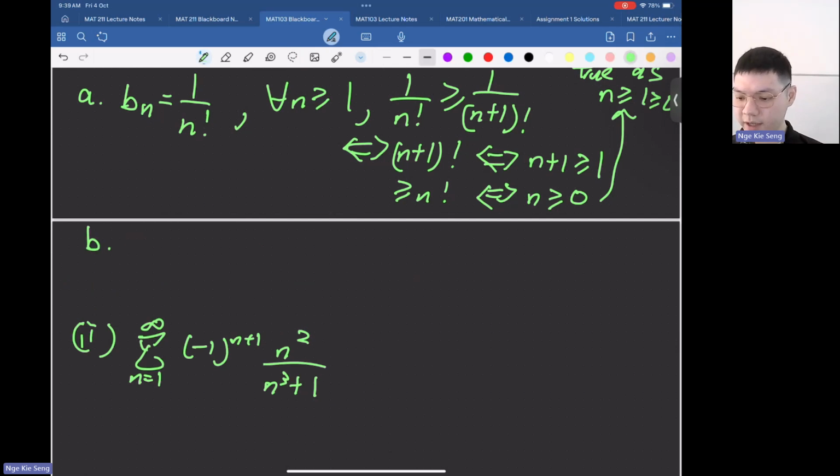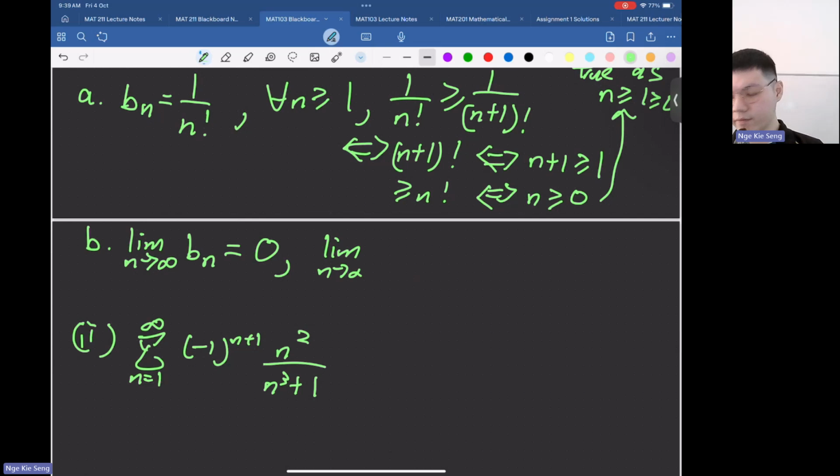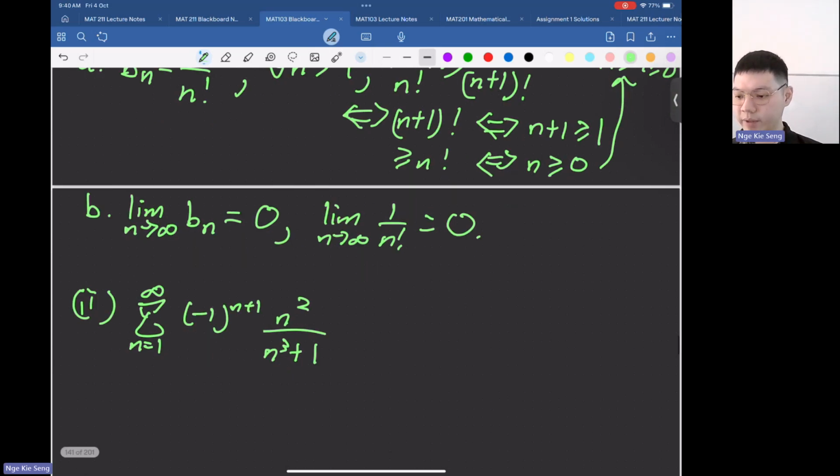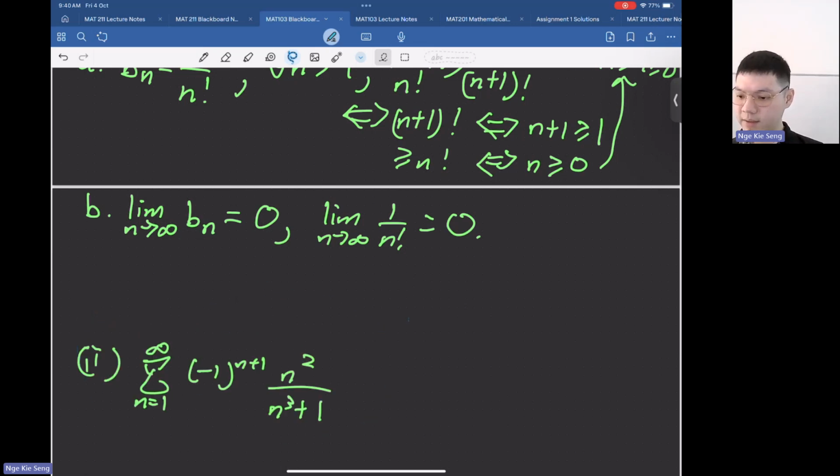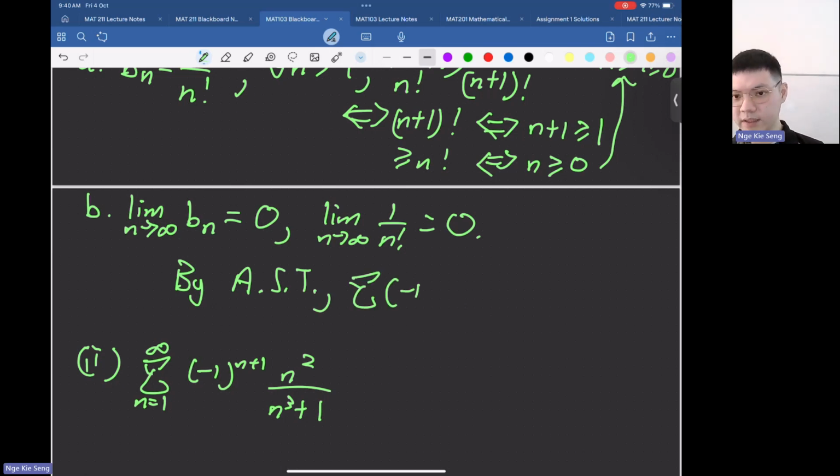You need to check that it is actually decreasing fast enough. How fast? Just make sure it converges to 0. But we know that the limit of 1 over n factorial goes to 0. So by AST again, the alternating series converges.